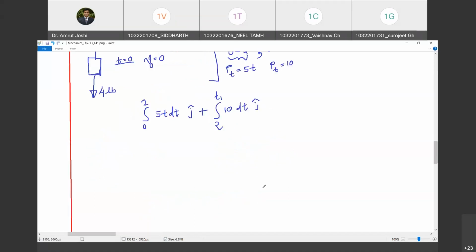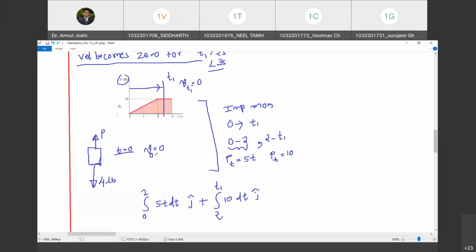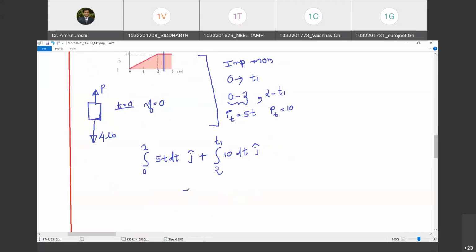Happy? Yes, sir. Now tell me, on the right hand side, what is the impulse of 4? It is minus 4 t1 j cap. Do you agree with me? Yes, sir. This must be equal to the change in momentum.